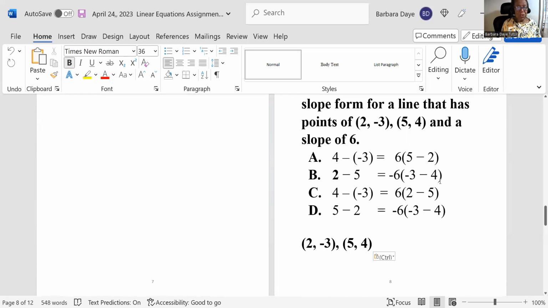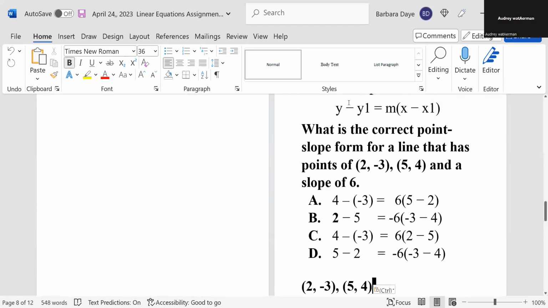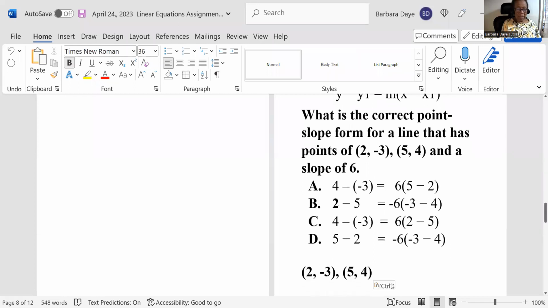Notice we have y and x, and y1, x1. You can call this x, this is y, this is x1, and this is y1.